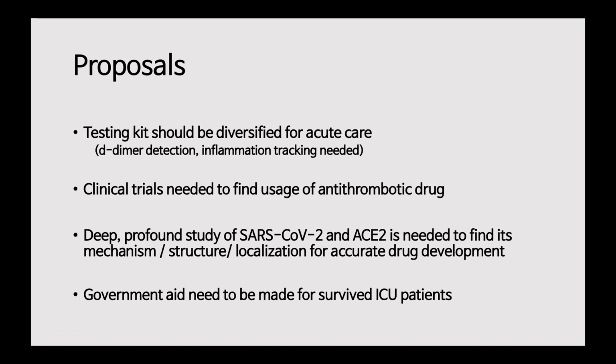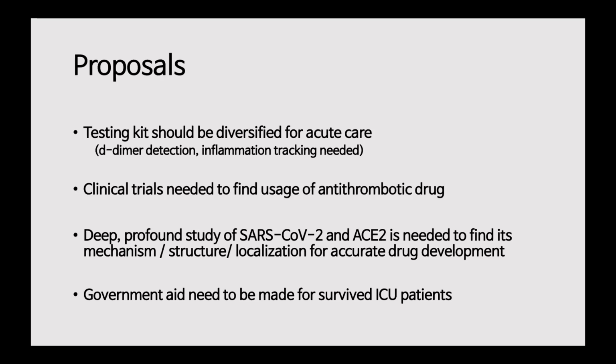Because if we test these two, then we could know with high accuracy whether we are going to have severe symptoms or not. So with this data, clinical faculties could take better care of us, sort of like precision medicine.